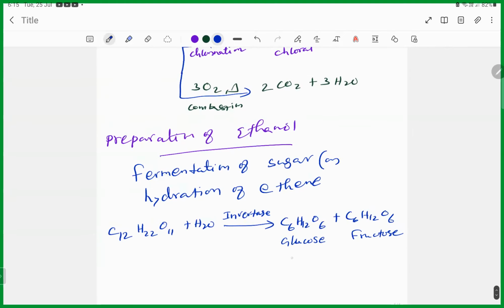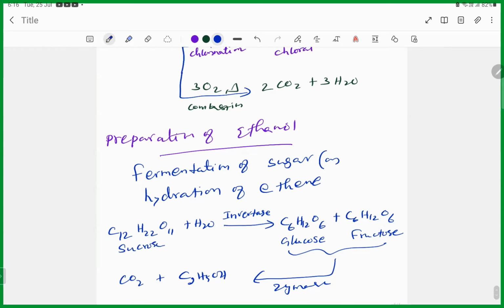When this glucose or fructose is acted on in the presence of zymase, it will give ethanol plus carbon dioxide. So when sucrose is hydrolyzed in the presence of invertase, it gives glucose and fructose, which in turn is converted by zymase. It gives ethanol and carbon dioxide.